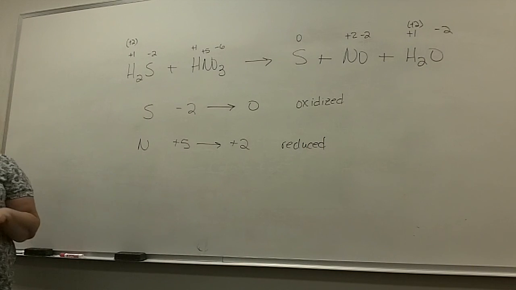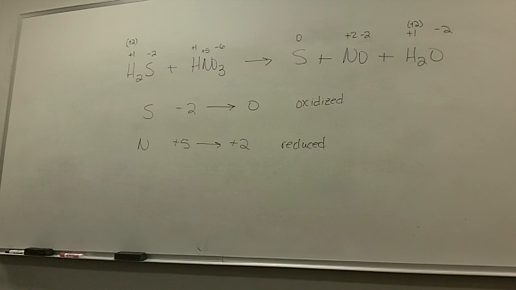So which one's the oxidizing agent? The nitrogen. And reducing agent? Sulfur. Okay. Now it says balance the elements oxidized and reduced by adding coefficients to the products.